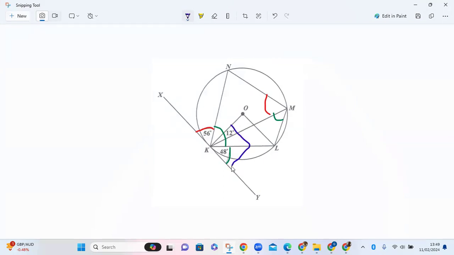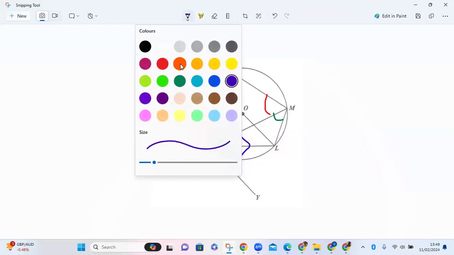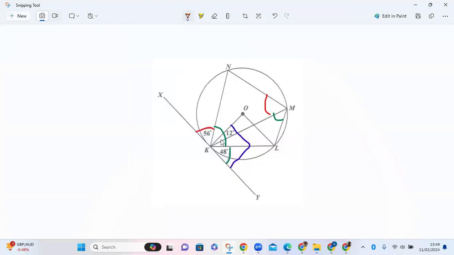And we can make use of this 12 by adding 48 and 12 and subtracting from 90. Then we can get MKL, this angle here.